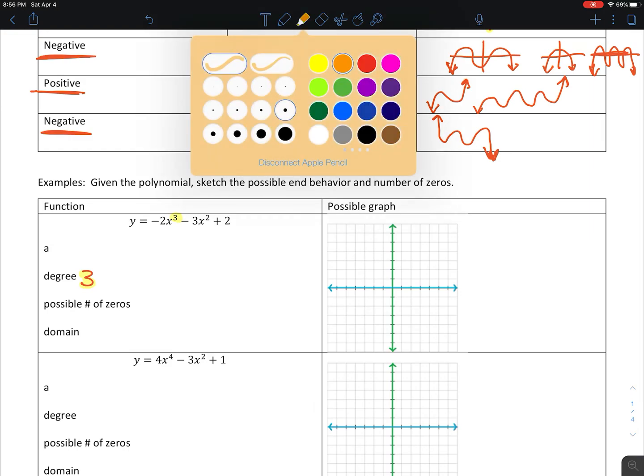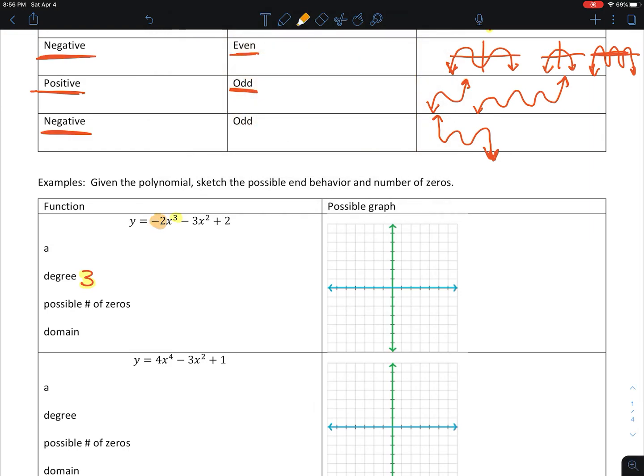This is a, and we see that a is negative. And the possible number of zeros is 3 because of the degree. And the domain for all polynomials is negative infinity to infinity.